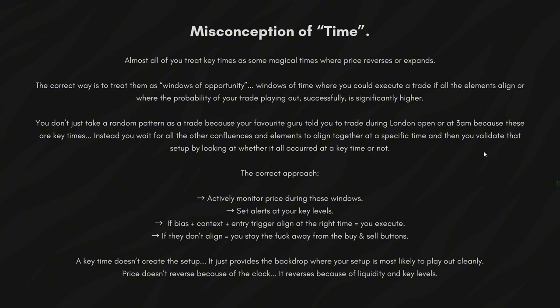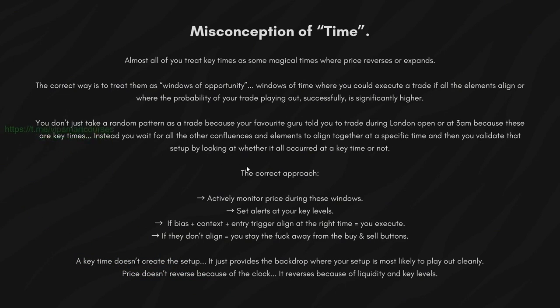Instead, it only validates the idea. You wait for the other confluences such as bias, context, and entry model to align, and then you look at the time, and if it's a key time, then that acts as the last validating factor, and then you execute it. But if it's not a key time, then you invalidate that whole setup.